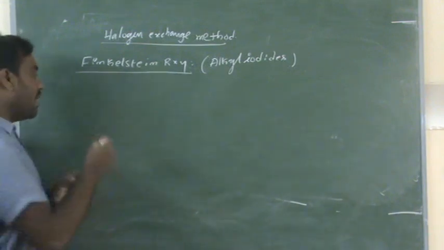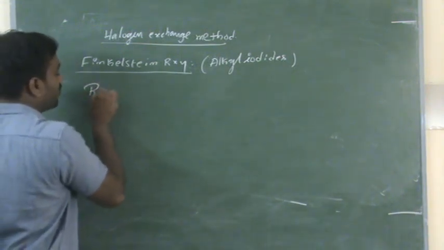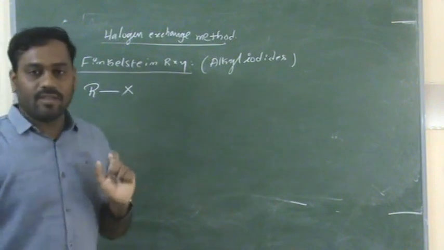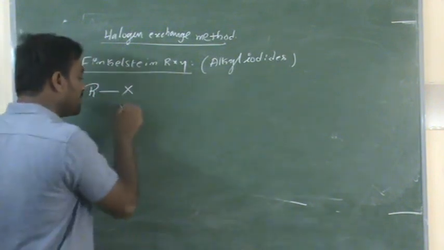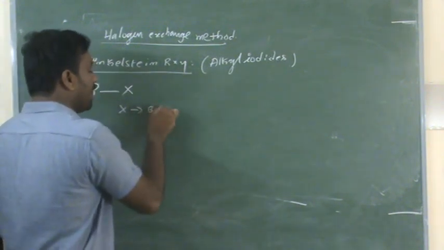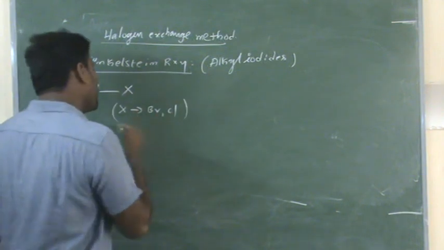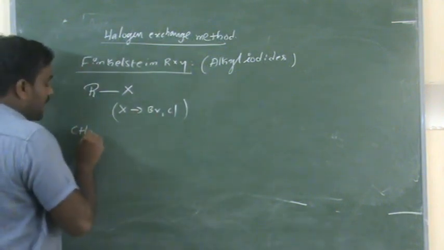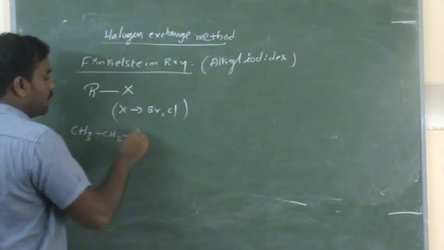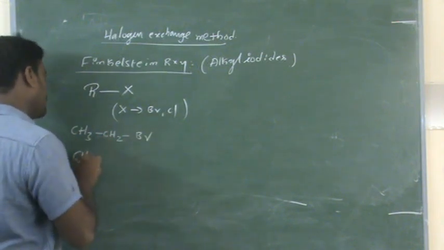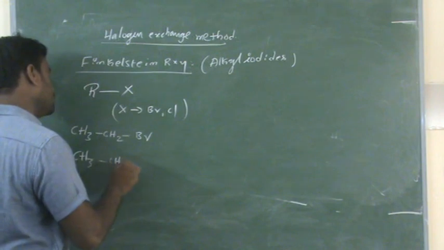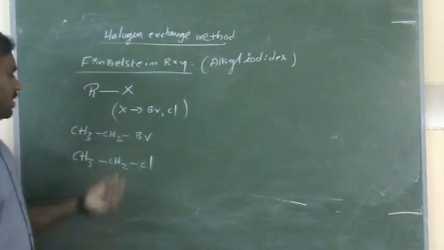From where can you prepare it? You can take alkyl halide, RX. What is the meaning of RX? RX is an alkyl halide. Here X may be Br or Cl. Means you can take CH3CH2Br, or you can take CH3CH2Cl.